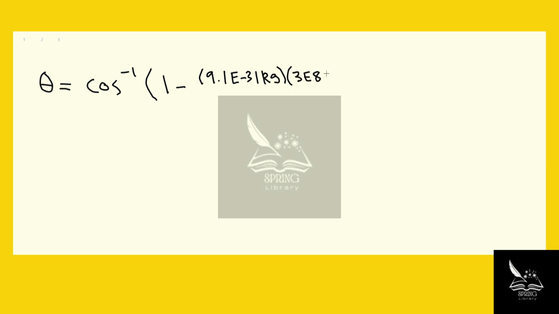Numerically, I'll actually show the steps for this one, what numbers were actually used. h over mc is about 2.427 e to the negative 12. I have that saved because it appears so frequently. But we can substitute in the mass of the electron, the speed of light, all over Planck's constant.